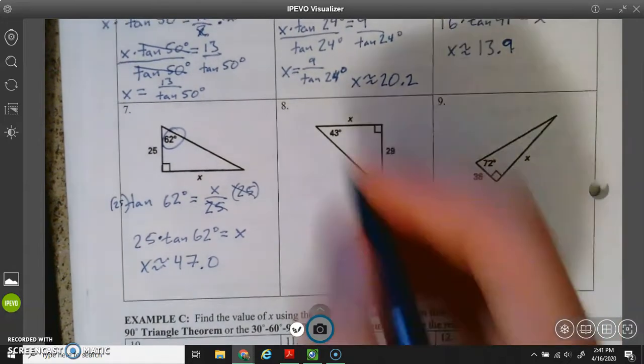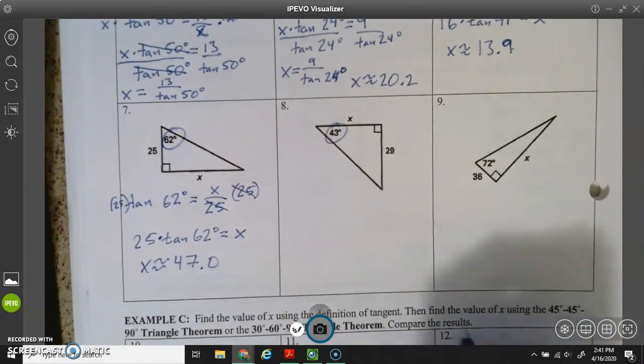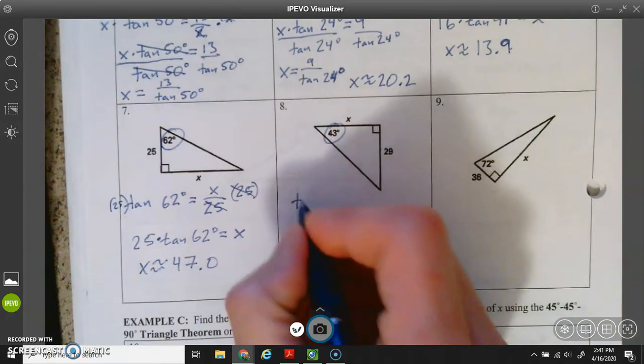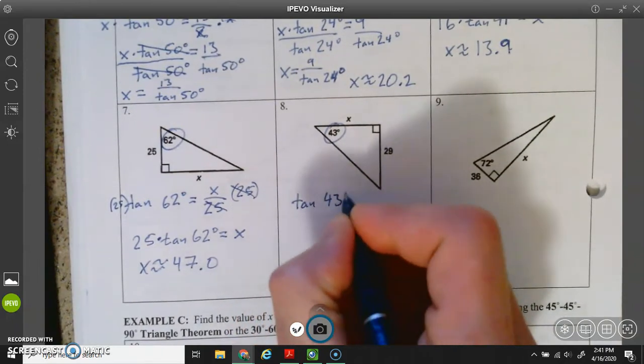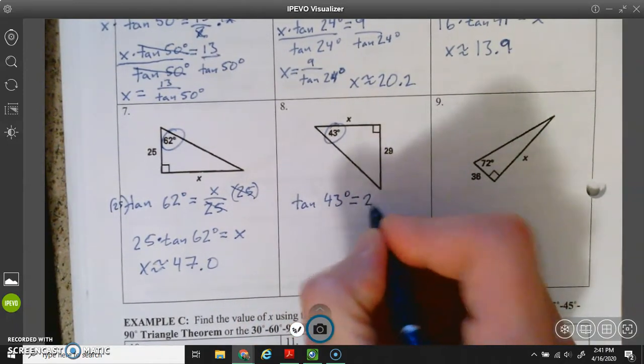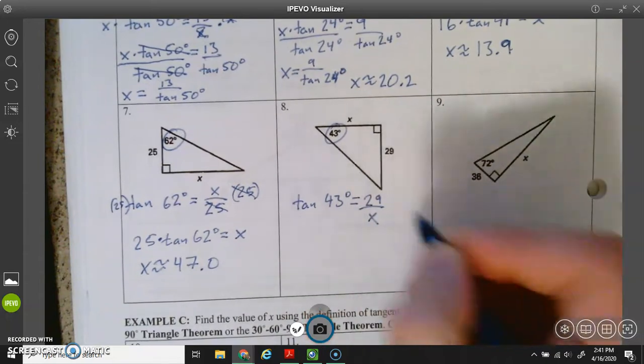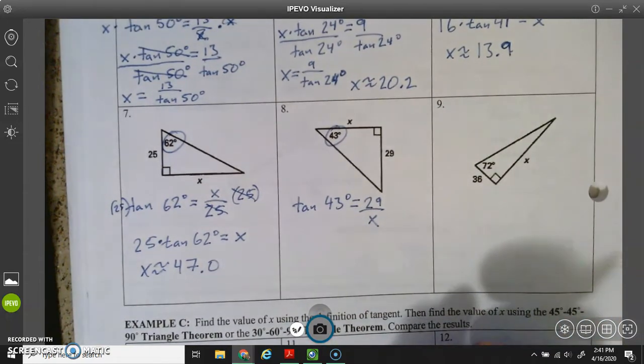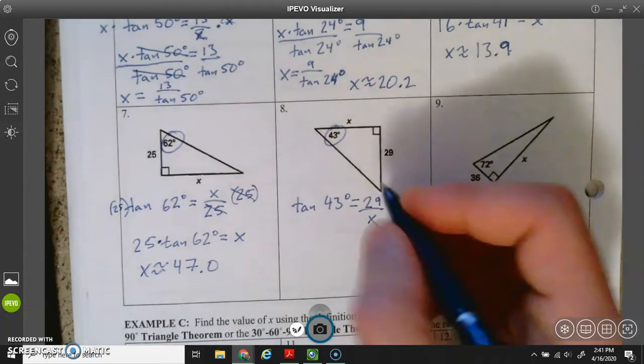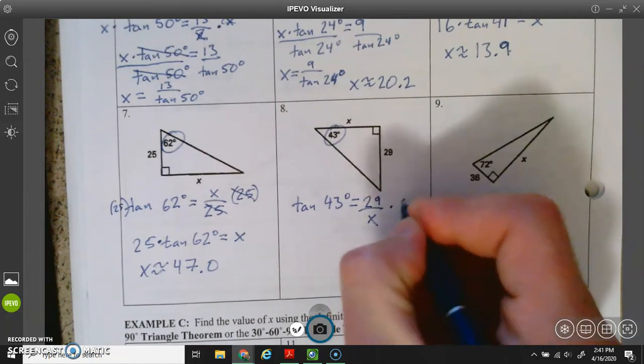There we go. Number 8. Here's my reference angle. So tangent of 43 degrees is equal to opposite, so 29, over adjacent, x. So this is just like the ones from 4 and 5 from above, where we need to multiply by x on both sides.